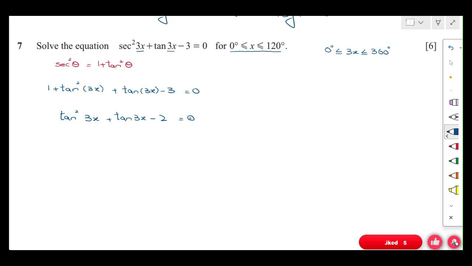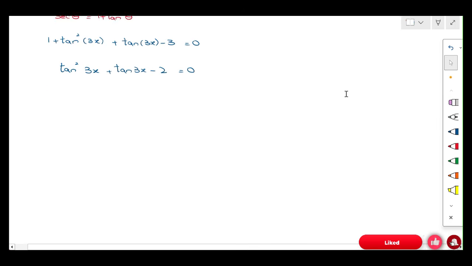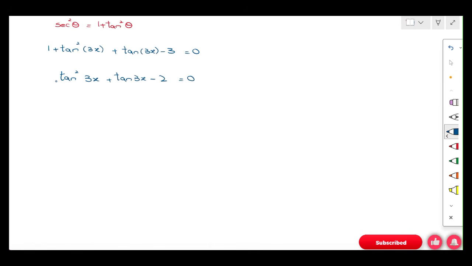Now this looks like a quadratic equation in tan 3x. So let me factorize this equation. 1 times minus 2 is minus 2. So the factors of minus 2 are 2 and minus 1, which make 1.